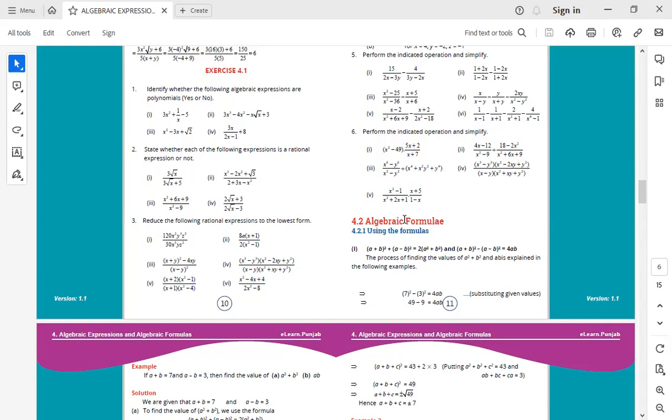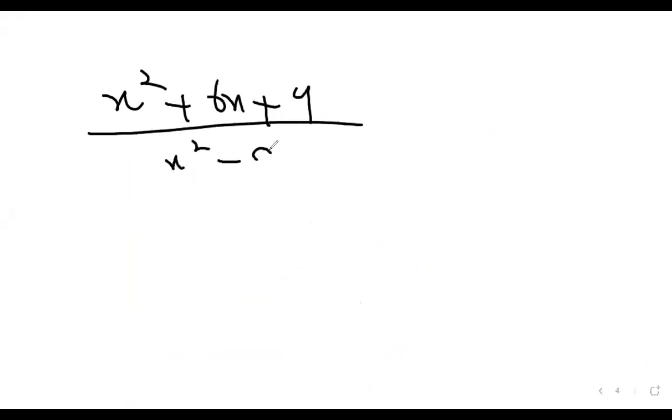You need to go for the simplification as well. Like, for example, if you see here, part 3. A rational function is that function which has numerator and denominator with polynomials. If you see it very critically, part 3, numerator x^2 + 6x + 9 and denominator x^2 - 9.